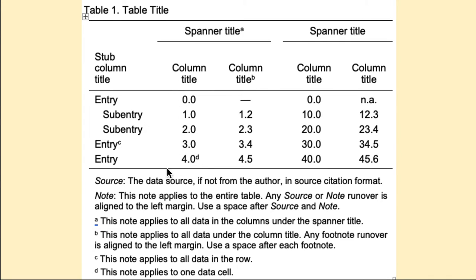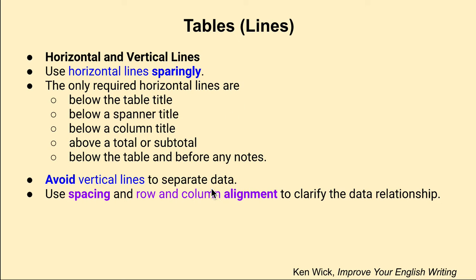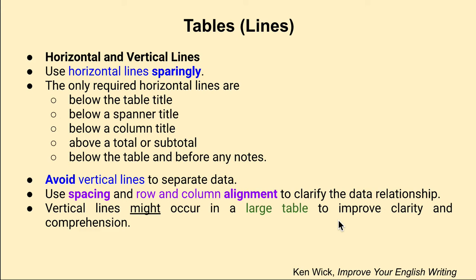You don't need a vertical line to separate it. Vertical lines might occur in a large table to improve clarity and comprehension, so they might appear. But basically, just avoid vertical lines.